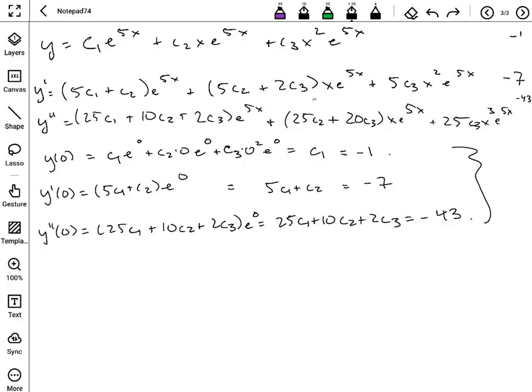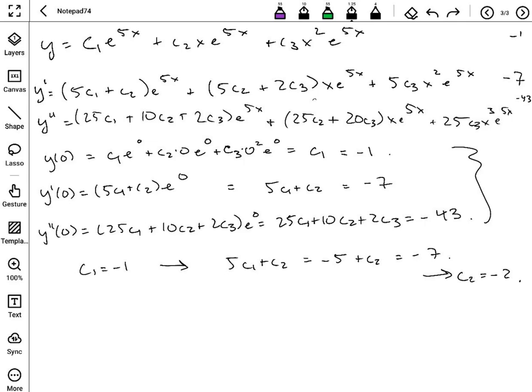So I'm just solving these three equations for three unknowns. I've got c1 is equal to minus 1. So then my second equation, 5c1 plus c2, becomes minus 5 plus c2 is equal to minus 7. So that means that c2 is minus 2.